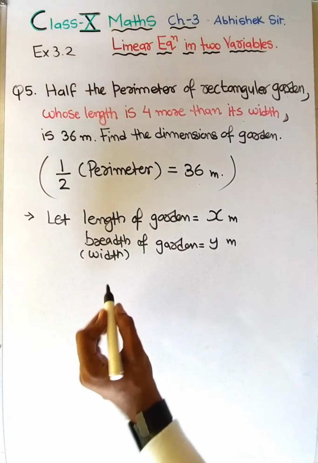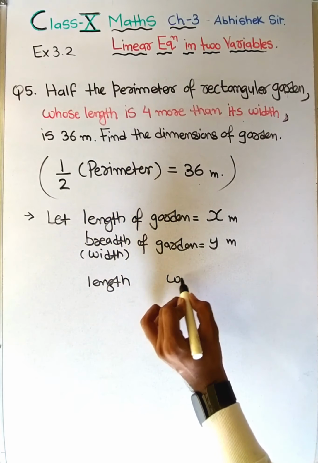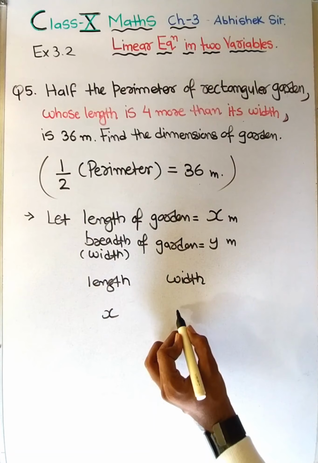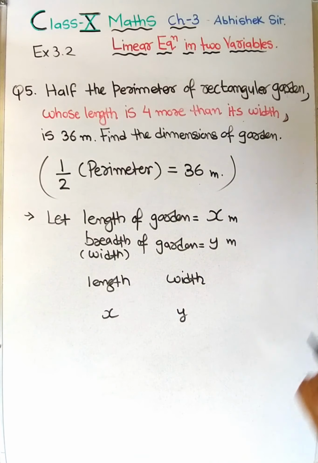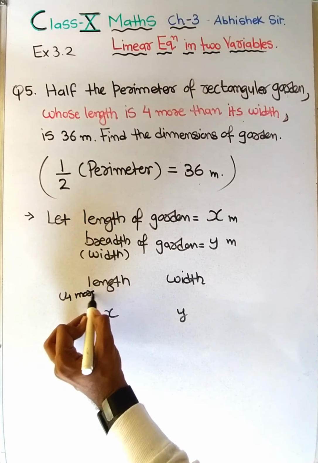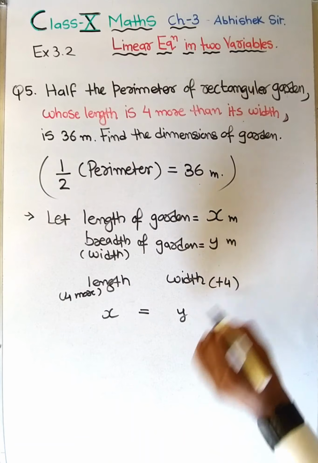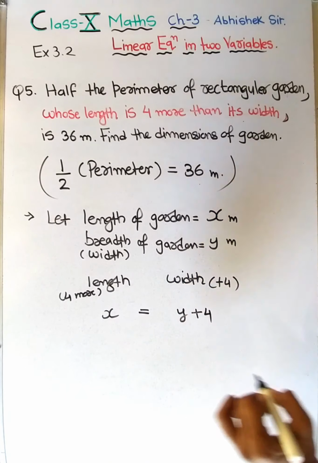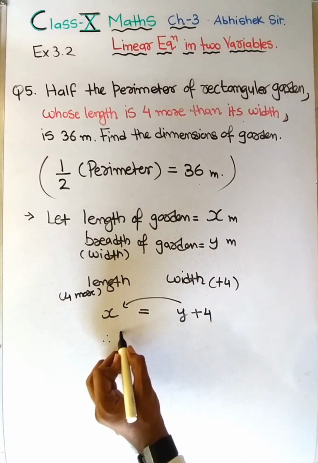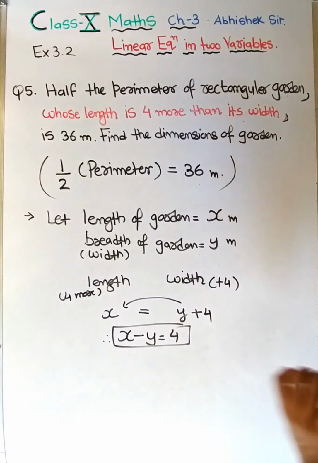Now comparison: length and width are compared. So length is x and width is y. Now length is already 4 more. So if we want to put equals to, we have to add 4 over here, so y plus 4. Convert it into normal form. Y goes over here, becomes x minus y equals 4. This is our first equation, equation number 1.